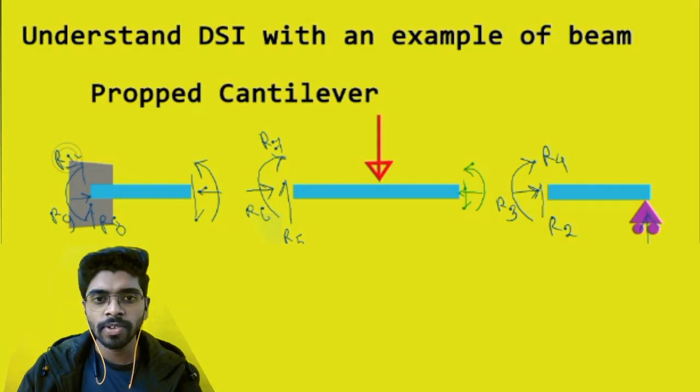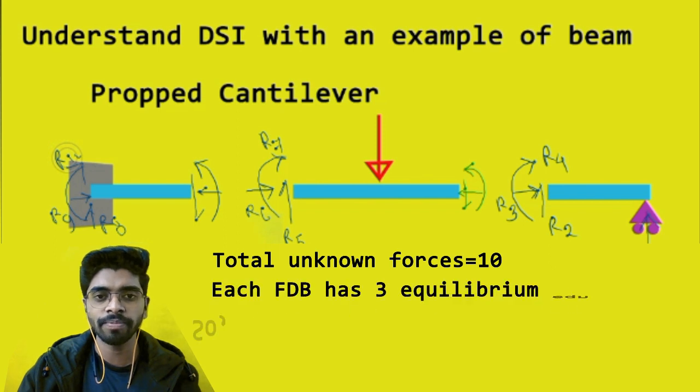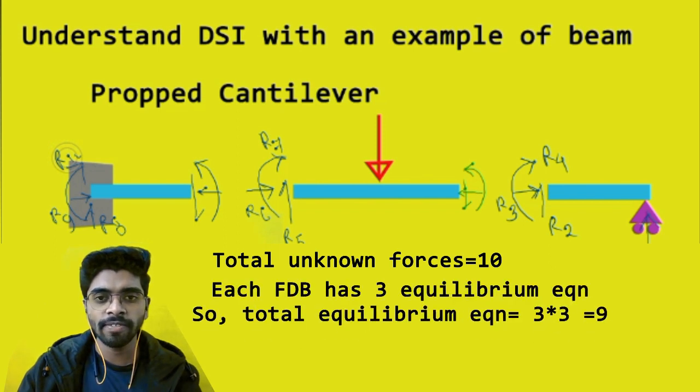From all these free body diagrams we get a total of 10 unknown forces, and we know that each free body diagram has three equations of equilibrium, that is summation Fx, summation Fy and moment about Z. So the total number of equilibrium equations we get is 9.